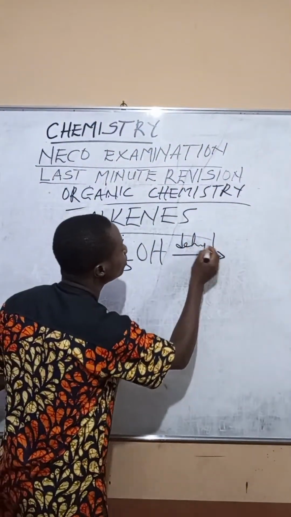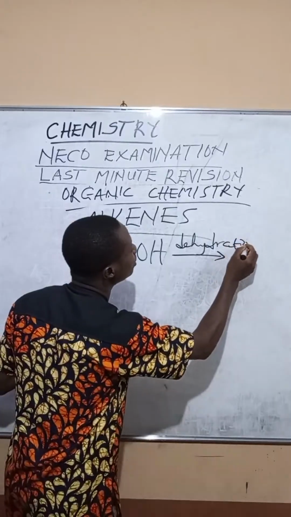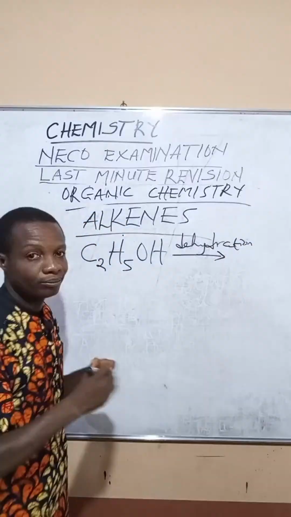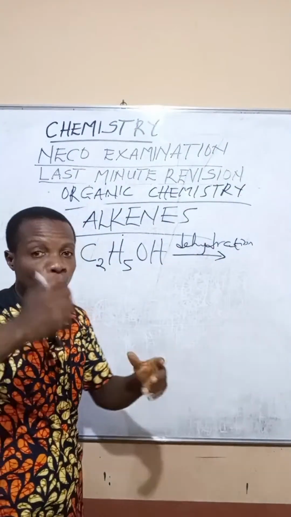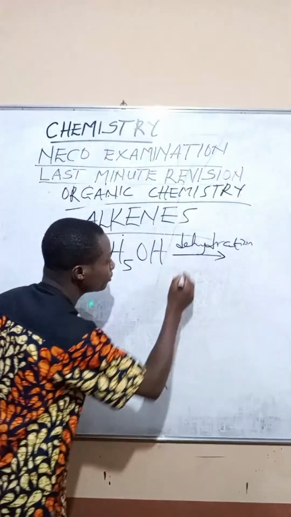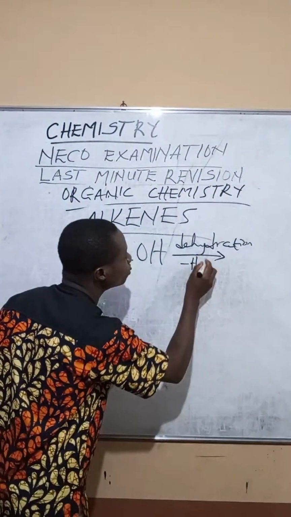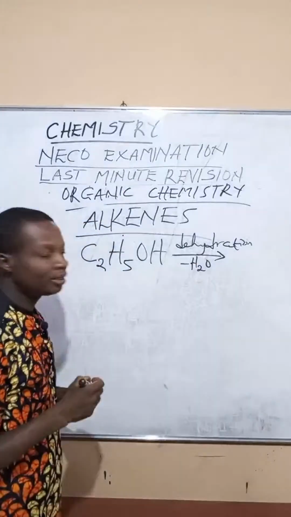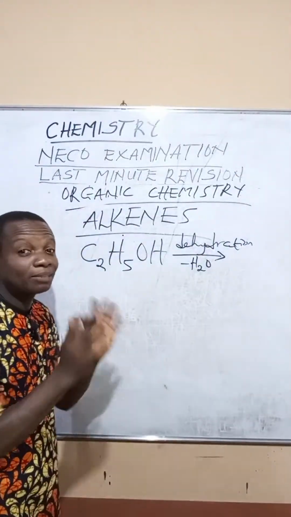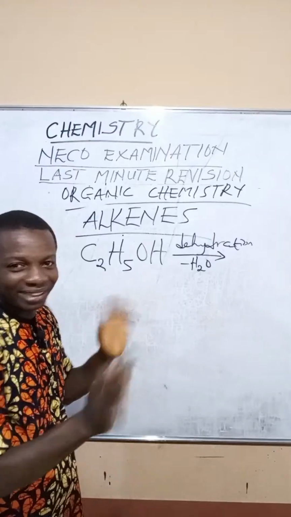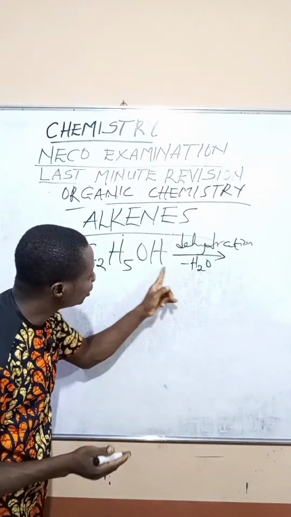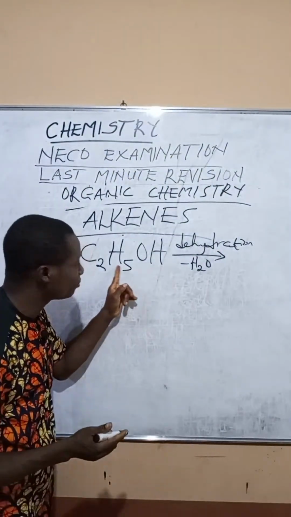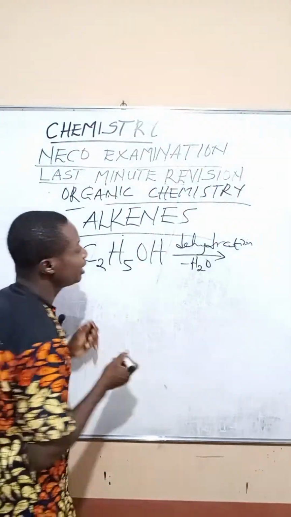Please take note. Dehydration. I don't know if you understand what I'm saying. To dehydrate means to remove water. Water is H2O, minus H2O. That's the meaning. Remove H2O from here. It's mathematics. This is not chemistry, it's mathematics. How many H? Remove one H from here, remove one from here. That's H2.